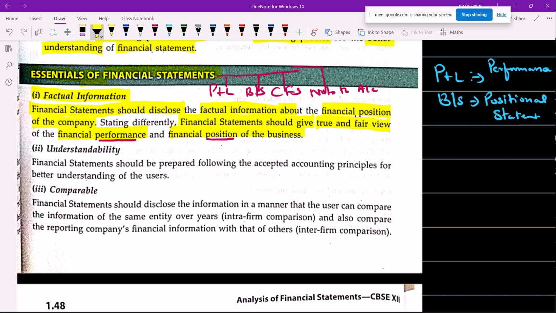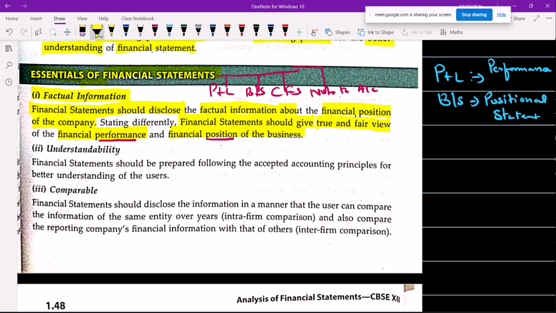So they are saying the financial statement must give a true and fair view of the financial performance, that is about your P&L, and also of the financial position, that means the balance sheet of a business. Hope the first point is clear to you all. Any doubt in the first point?